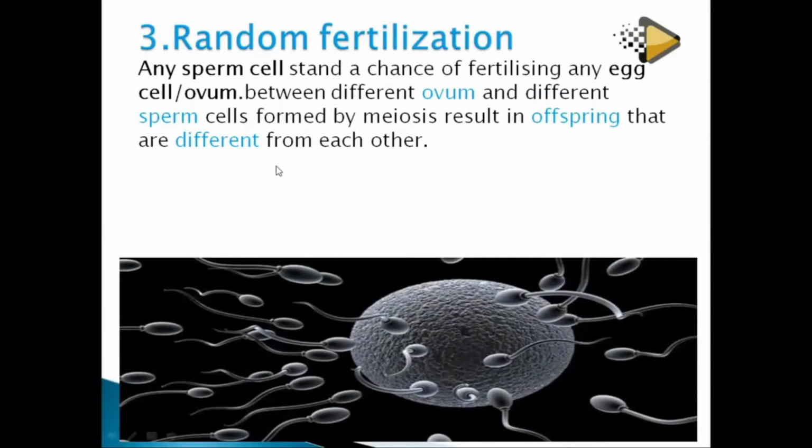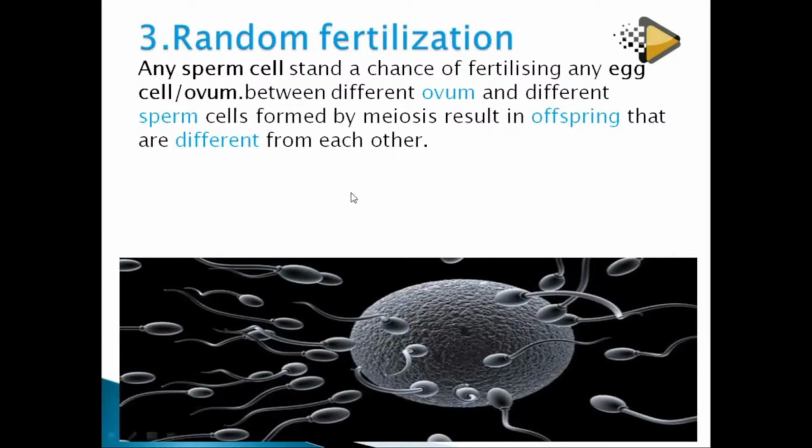I told you that you were lucky. If your sperm did not fertilize an ovum and another sperm fertilized, you think you would have existed? Someone else would have existed, not you. But your sperm was smart, was faster, everything was perfect, and it was able to fertilize the ovum, and then you are existing.